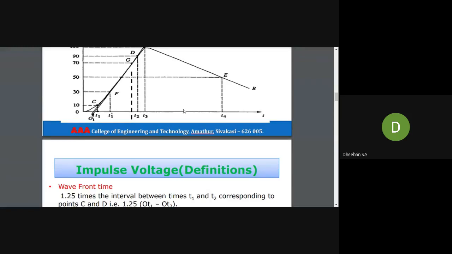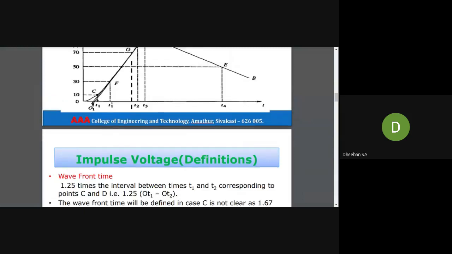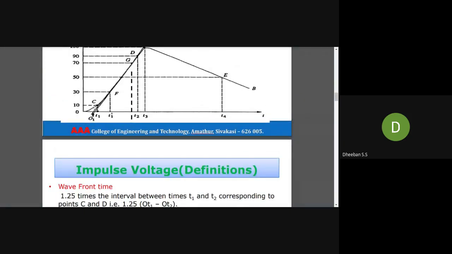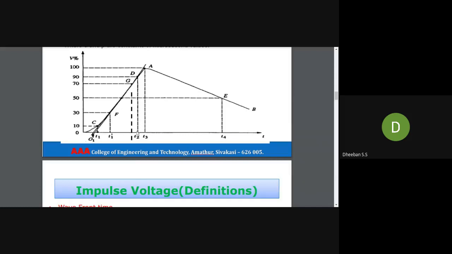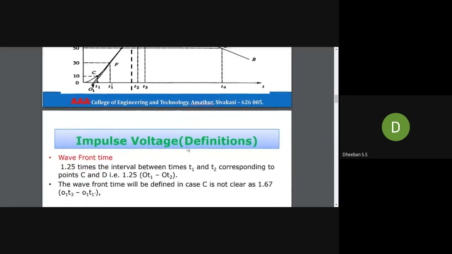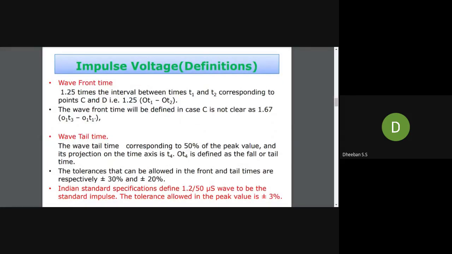If you are not considering the case of C, if this C is not considered, that is, you don't know the value of this T1, then you can take the value from 0 to T3 and multiply with your 1.67. So that's what they're saying. So using this wavefront time, we can understand about the impulse voltage.